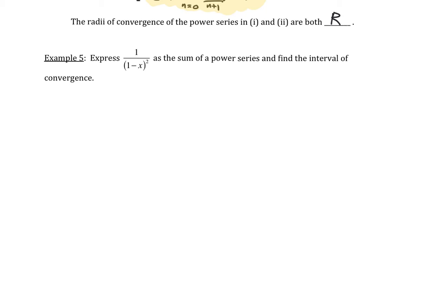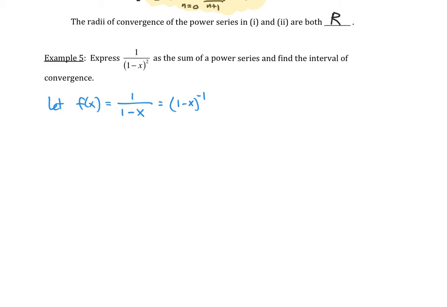We're going to let f of x be equal to 1 over 1 minus x. Another way we could write that is 1 minus x to the negative 1 power. Okay? And what I want to do next is take the derivative of this.